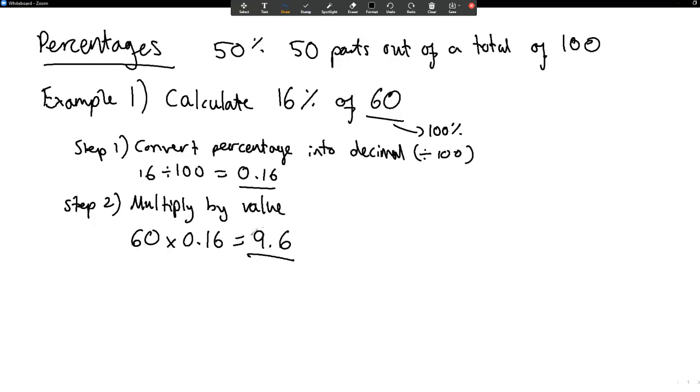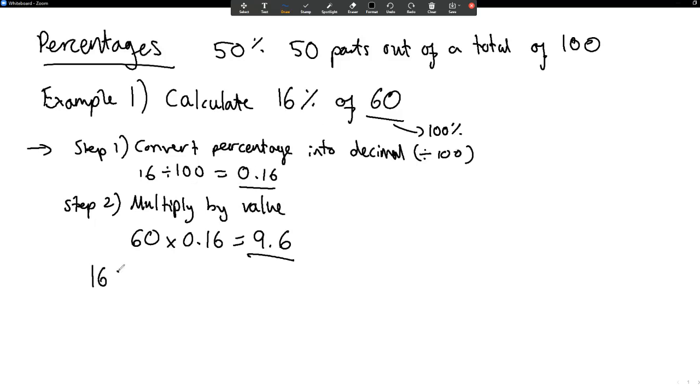Another thing we can do is, this method unfortunately only works if you have a calculator, because it's not the easiest thing to multiply a number by a decimal. So another way we could do it is we can split 16% into 3 things.